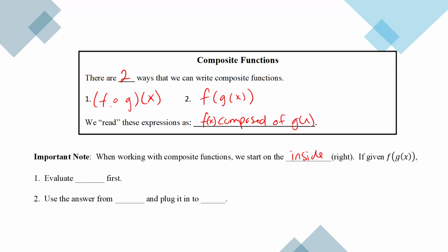So in this case, we're going to evaluate g of x first, and use the answer from g of x and plug it into f of x. Can f and g be called anything else? Yes, they can, because functions can have different names. It could be h, it could be k, it could be anything. What matters is the order that they're in, right?